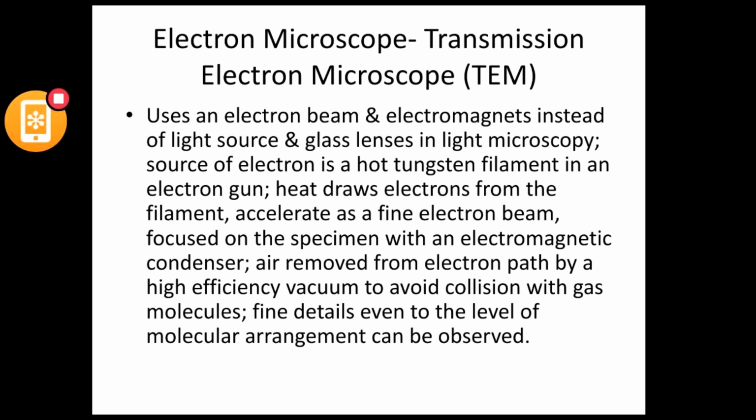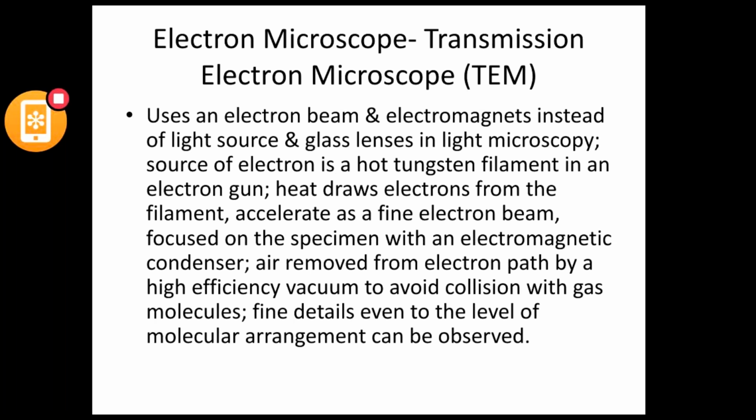Heat draws the electrons from the filament, and they are expelled as a result of heat. They are then accelerated as a fine electron beam and focused on the specimen with an electromagnetic condenser.